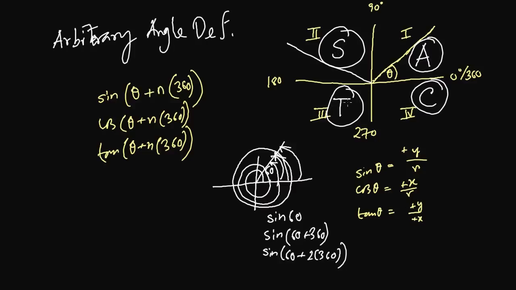In the third quadrant, similarly, only tan has a positive value, sine and cos have negative values. In the fourth quadrant, only cos has a positive value, sine and tan have negative values. So you can remember this by remembering the acronym CAST, or All Students Take Chemistry, or All Silver Tea Cups, whatever helps you to remember.